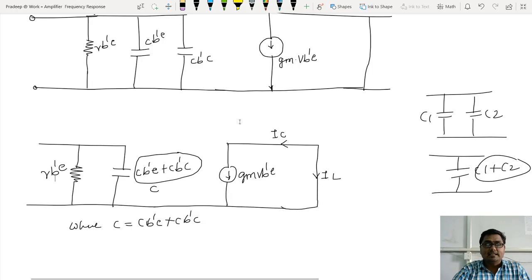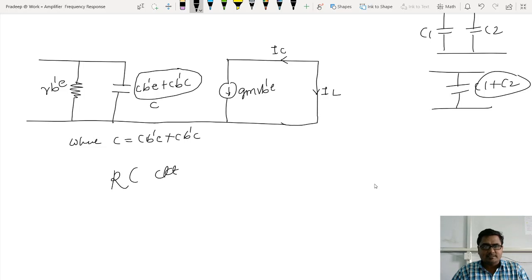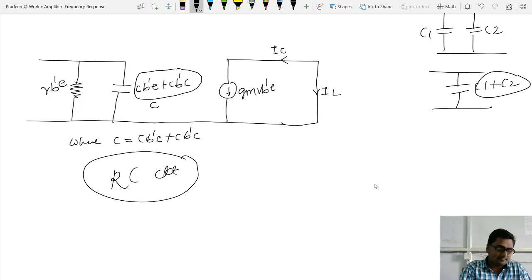Like this, any CE amplifier, two stage, multistage, whatever number of stages there are, can be converted into an RC circuit. I told you so many times that, like Thevenin's theorem, we can convert the CE amplifier into a single RC circuit.